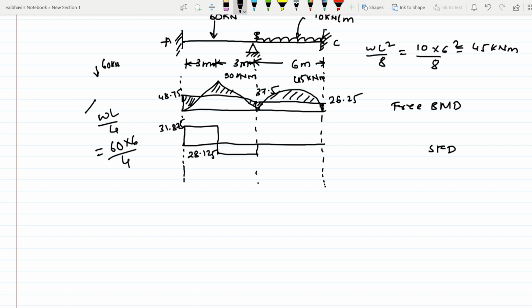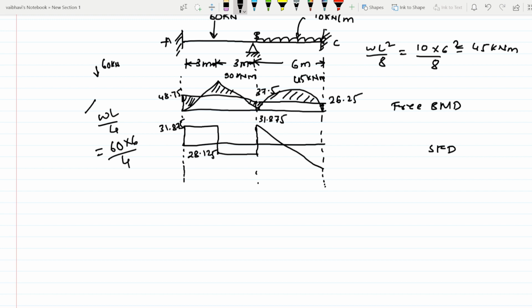Okay. Then the RB value which we have found for span BC. How much is it? RB value 31.875. So moving upwards, plus 31.875. Right. Then 31.875 minus 10 into 6. So we have to subtract this UDL, 10 into 6. How much are we getting?